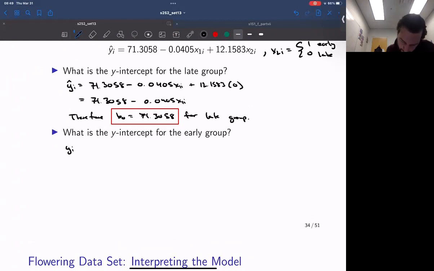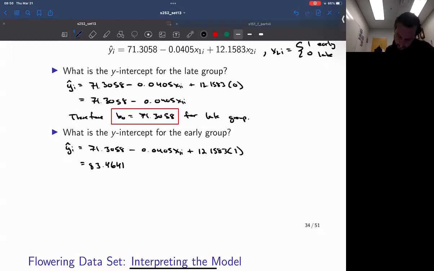So we're going to have yi hat is 71.3058 minus 0.0405 x1i plus 12.1583 times 1, which is equal to 83.4641 minus 0.0405 x1i.